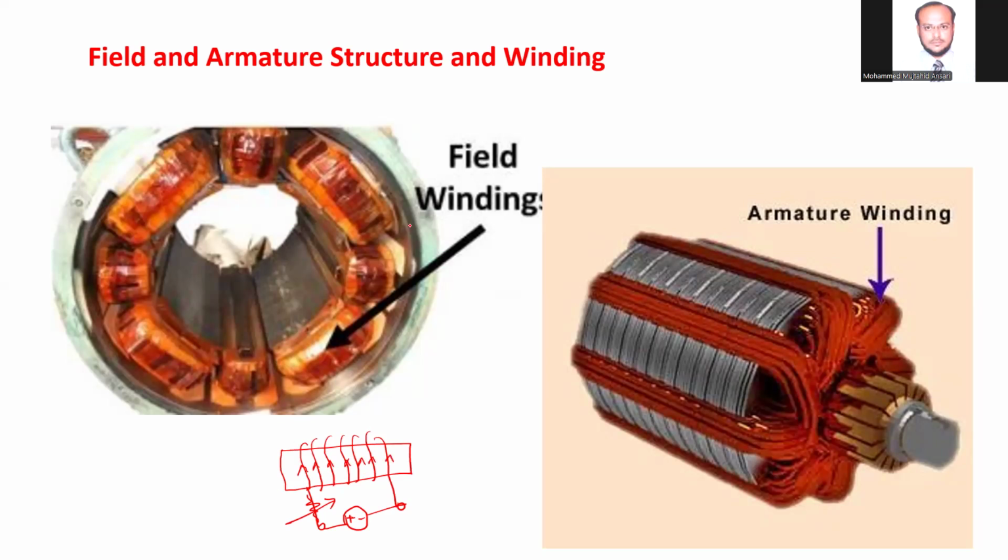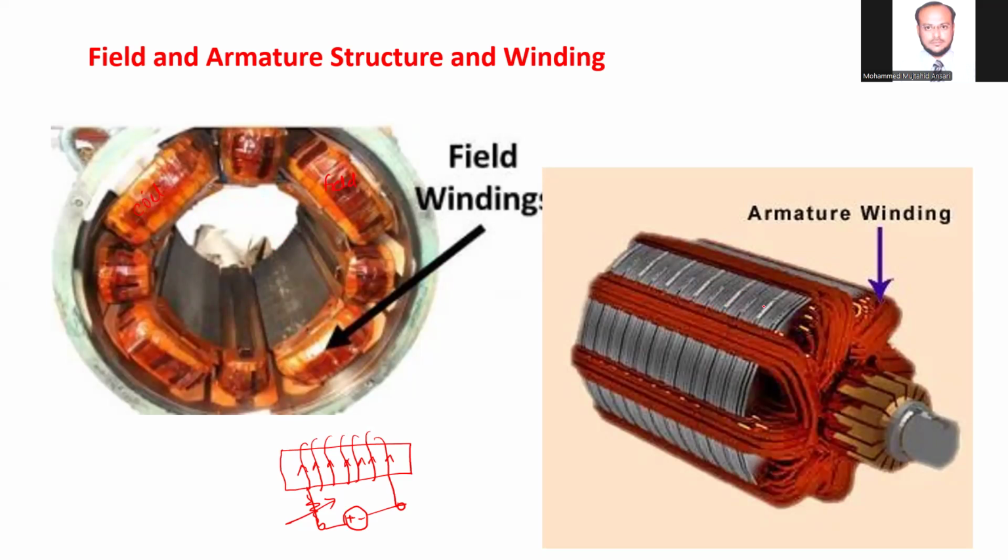So instead of the permanent magnet, a laminated magnetic material is used, over which winding is carried out. This is the coil, the field winding, which is responsible for producing the magnetic flux or field over the periphery of the rotor.